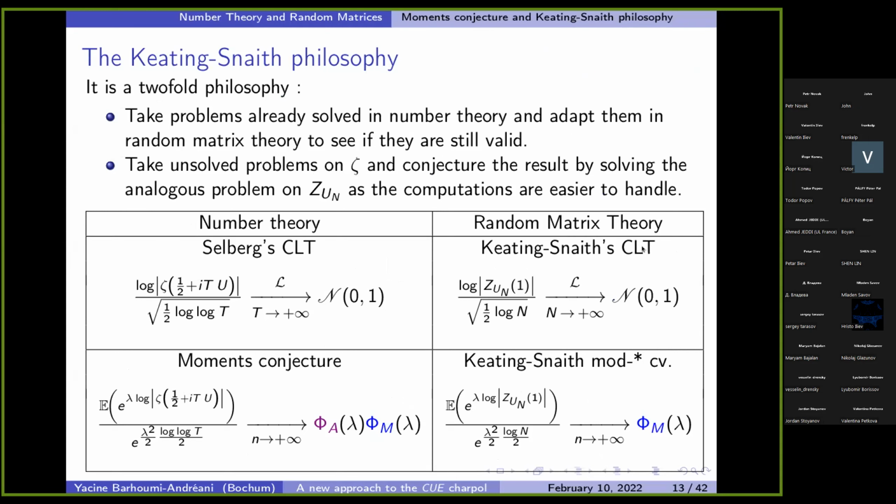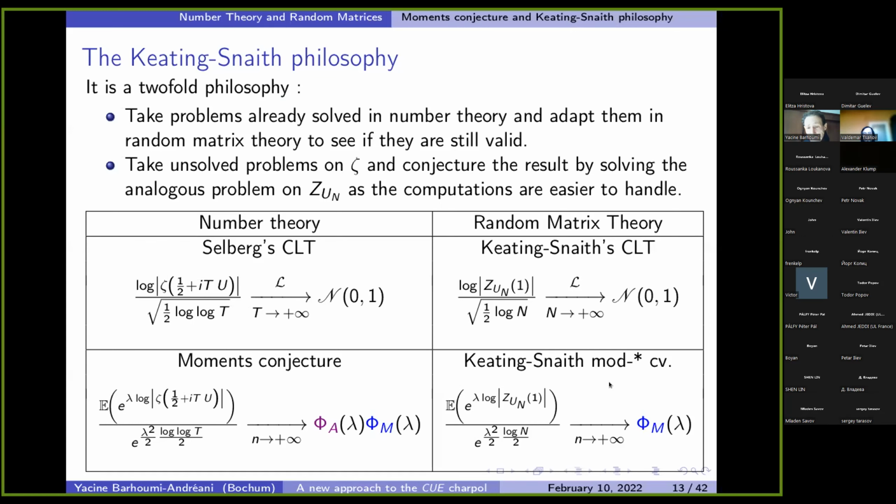This is the Keating-Snaith CLT. But it is much more interesting to take an unsolved problem on zeta, namely the moments, find the equivalent problem on the characteristic polynomial, compute it, because you can compute on the unitary group, and then come back and say, look, there is a correction that comes from random matrix theory.